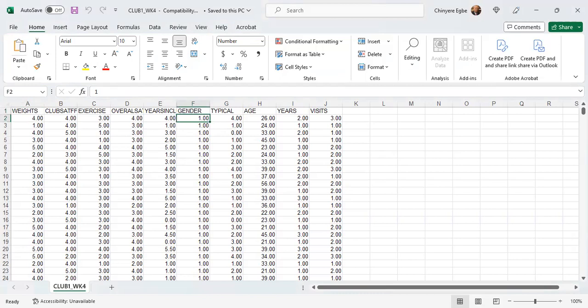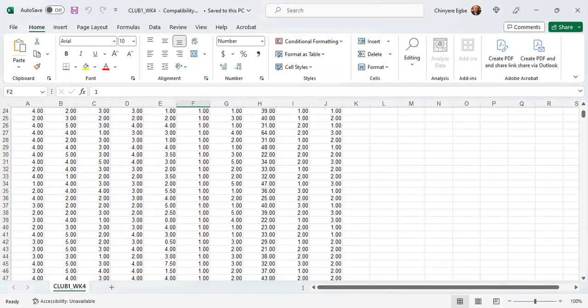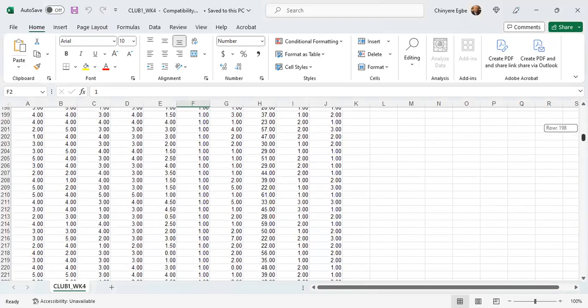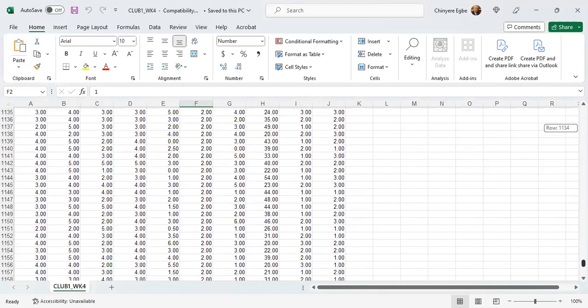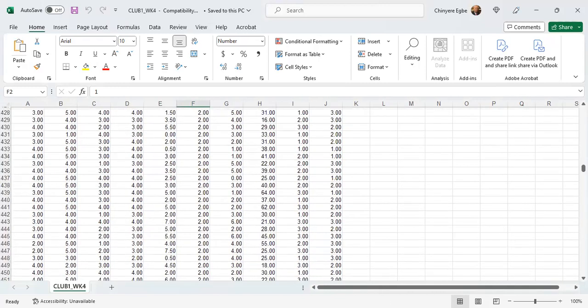One represents females, and two represents the males, or vice versa. Let me see what the information says. Okay, one represents the males and two represents the females. Okay, all right.